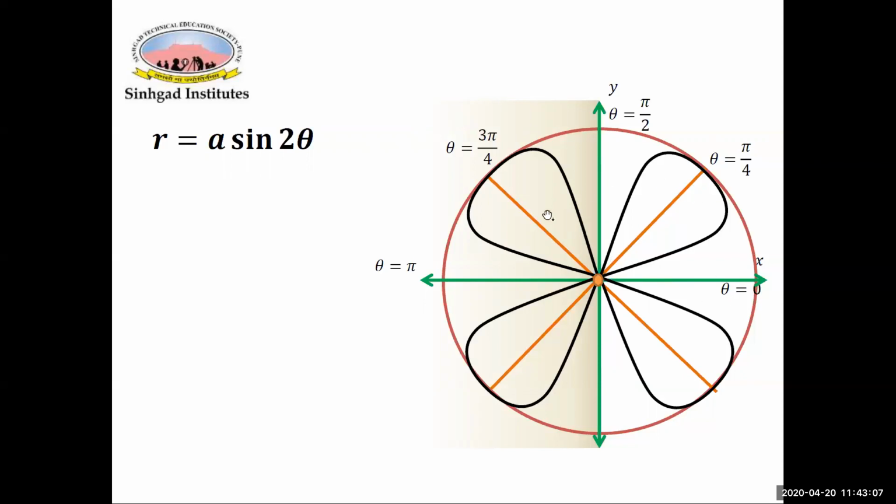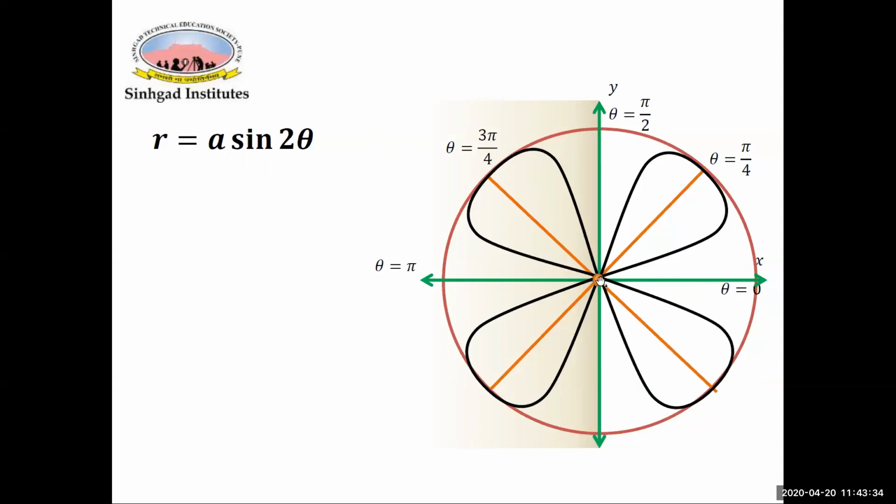This circle is of radius a. So the first loop will be drawn along the line theta is equal to pi by 4. Since it is even, you have to draw loops consecutively into the sectors. So this will be your next loop, then the third loop, and this will be your fourth loop.